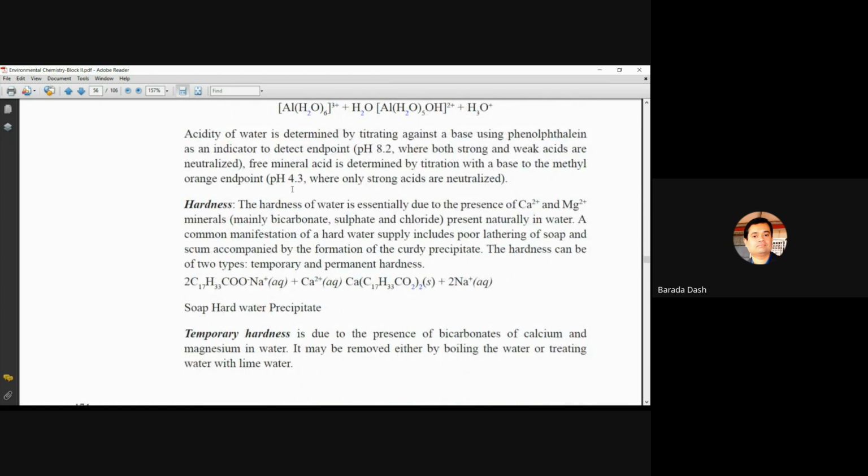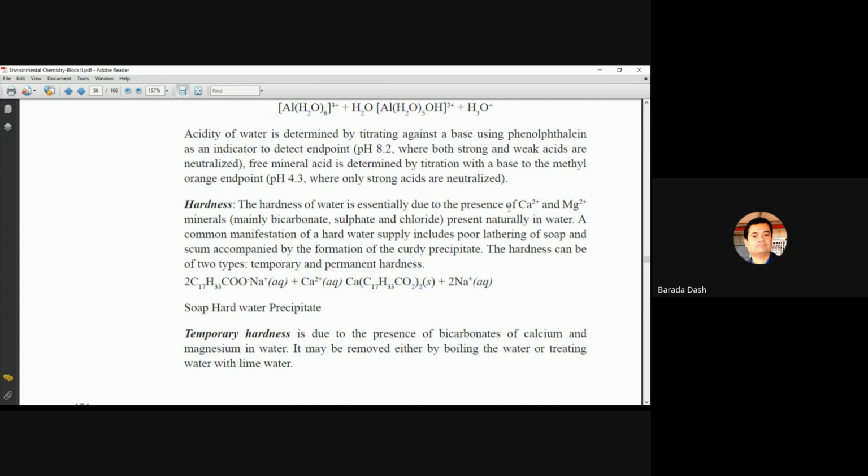Next is hardness. Hardness of water is essentially due to the presence of calcium and magnesium minerals present naturally in water. A common manifestation of hard water supply includes poor lathering of soap and scum accompanied by formation of cloudy precipitate. Basically, a white precipitate will form when you boil the water.